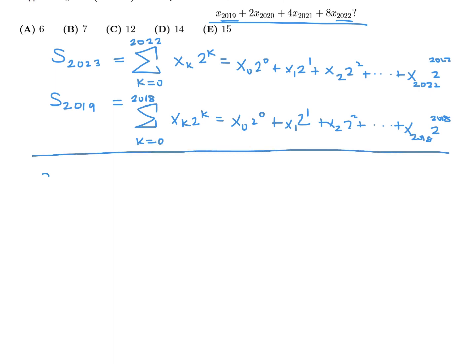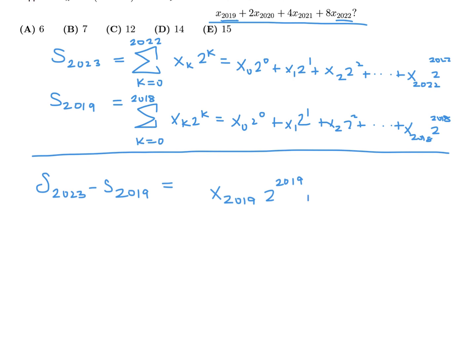So if you subtract them, you get S2023 minus S2019. And when you subtract them, the only thing you'll have left is x2019, and that coefficient is 2 to the power of 2019, I believe.